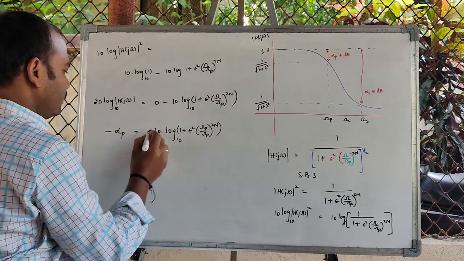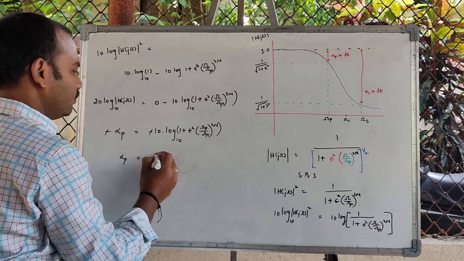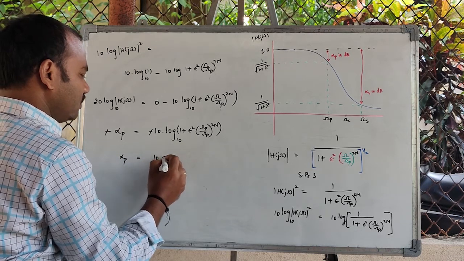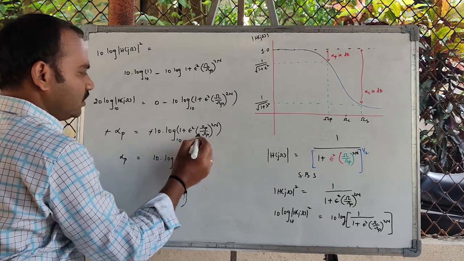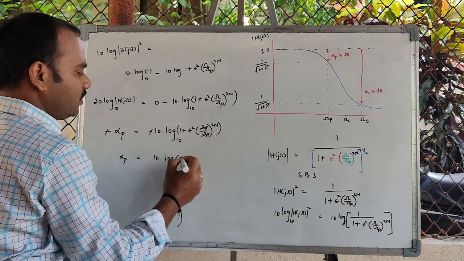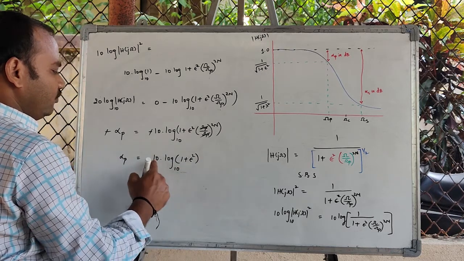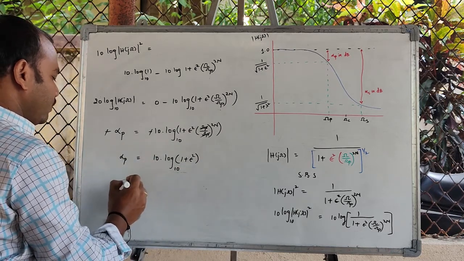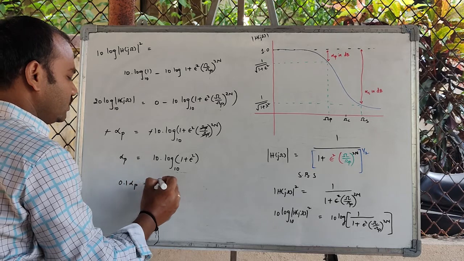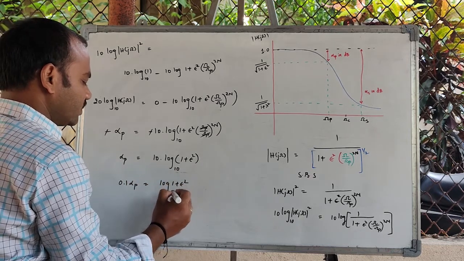Now the minus gets cancelled. Alpha p is equal to 10 times logarithm of 1 plus epsilon square base 10. If you bring this 10 this side, it is 0.1 alpha p is equal to logarithm of 1 plus epsilon square base 10.